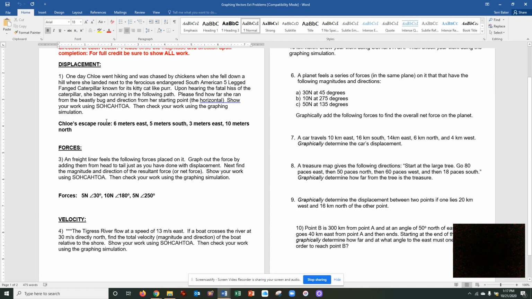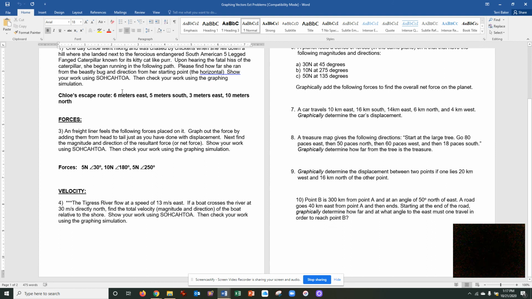Here, this one is just you're solving for displacement. This one, you're solving for force. You solve it the exact same way. You're adding vectors. This one is velocity for the river. A boat is crossing straight across a river, and the water in the river is causing it to veer off to the right. Okay?